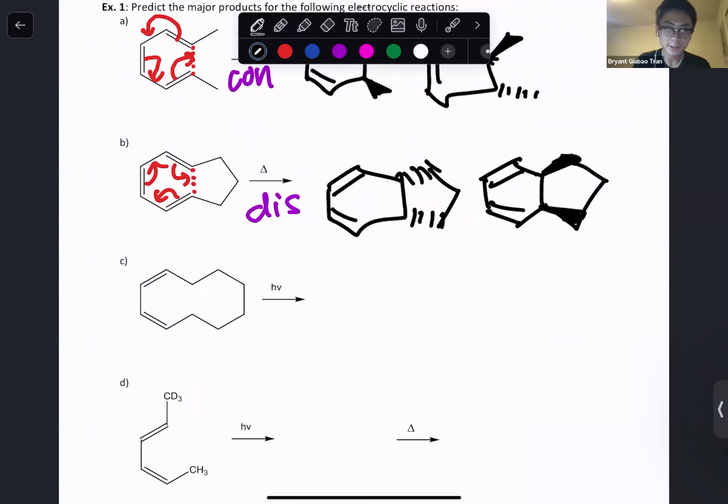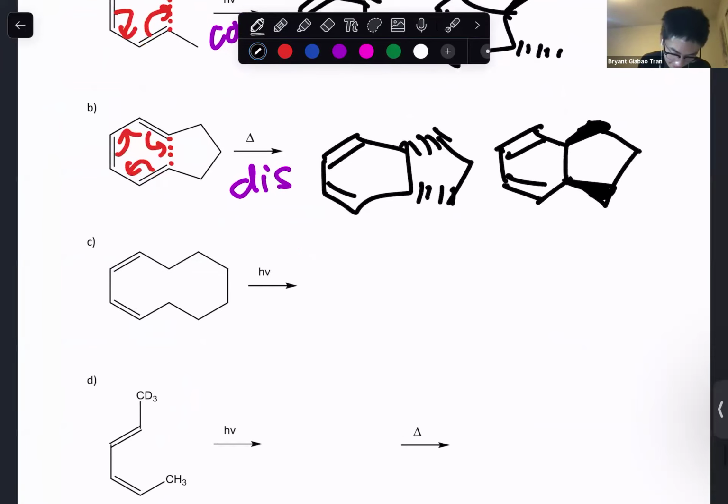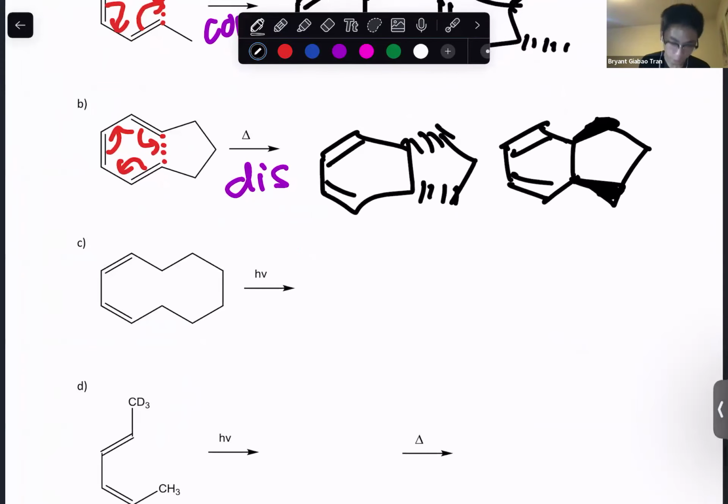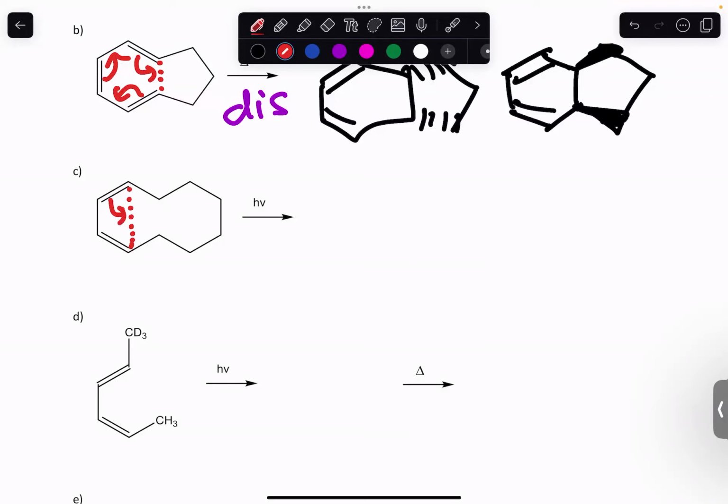For this next one here, this one looks a little bit weird. But this is still going to be a ring closing, where we're going to make that new bond right there. In this case, we're dealing with 4 pi electrons, so we know we're making a cyclobutene.